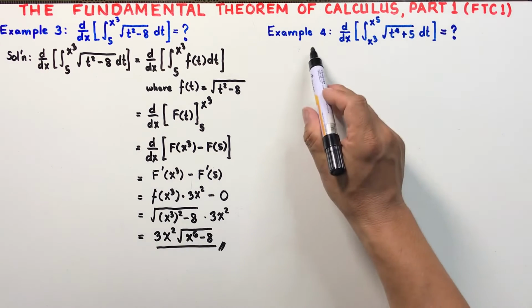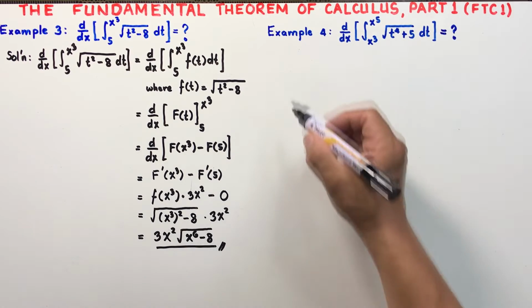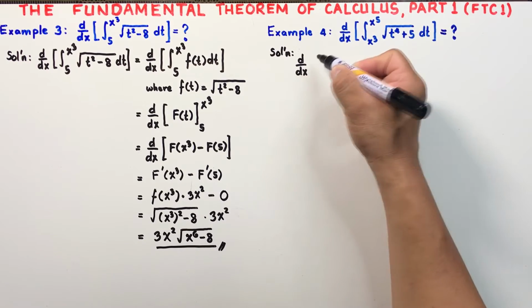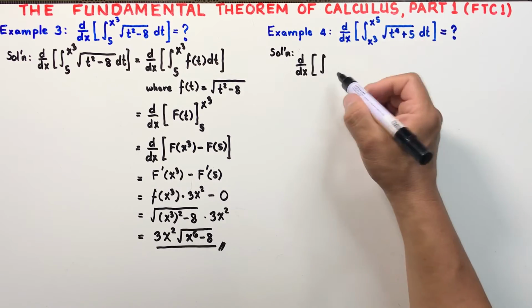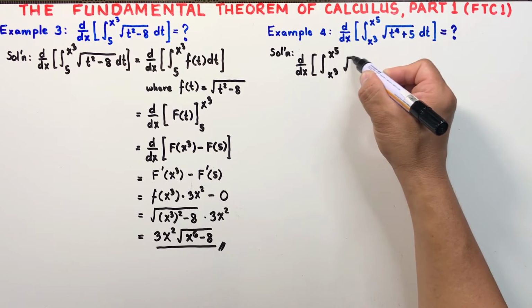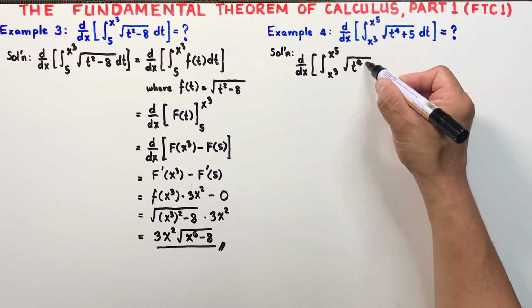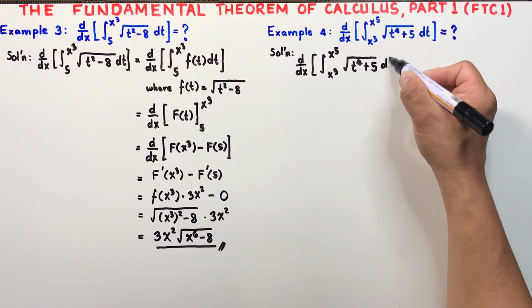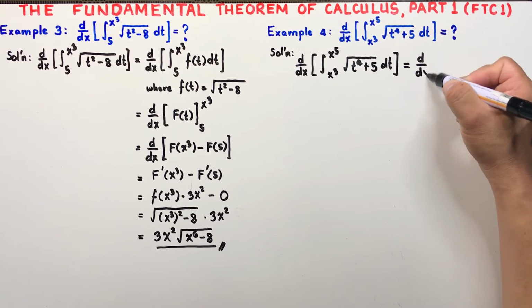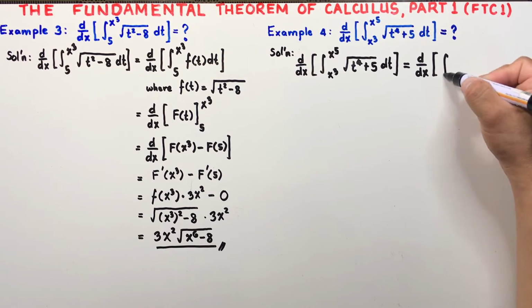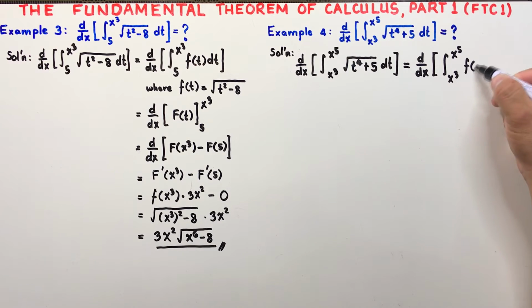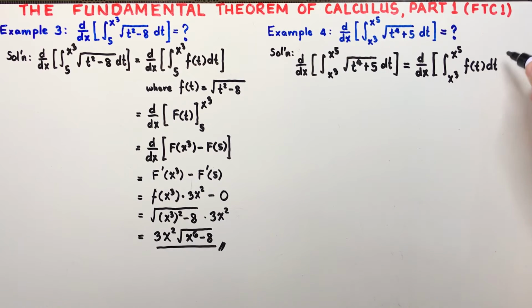So here in our example 4, to find the derivative with respect to x of the integral from x cubed to x to the power of 5 of the square root of t to the power 4 plus 5 dt, we write that this is the derivative with respect to x of the integral from x cubed to x to the power of 5 of our function small f of t dt.